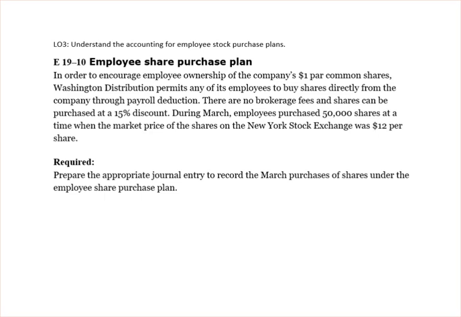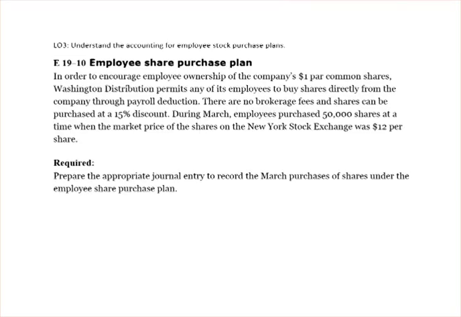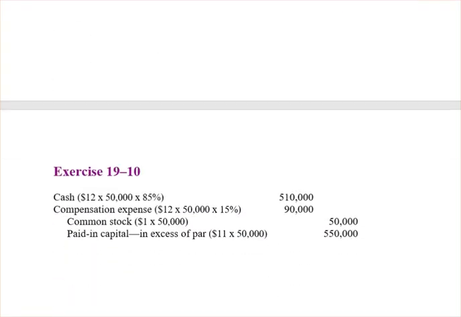So let's just go into this. Some of these things, it's easier to just look at journal entries, isn't it? If it is 15%, the market price is $12, the number of shares is 50,000 shares, you are required to do a debit to compensation expense for that 15%. And the cash which comes in is going to be 85% because the 15% was their discount.